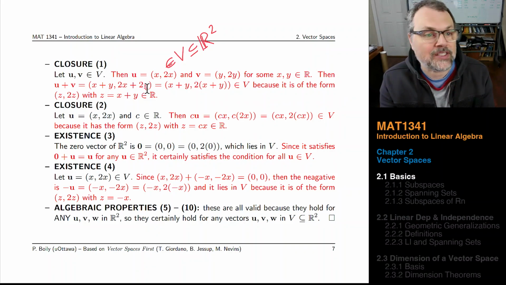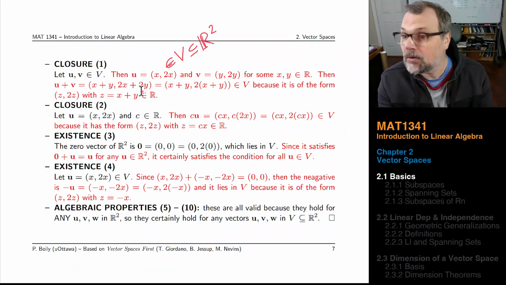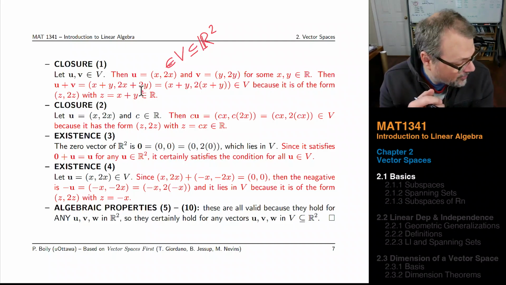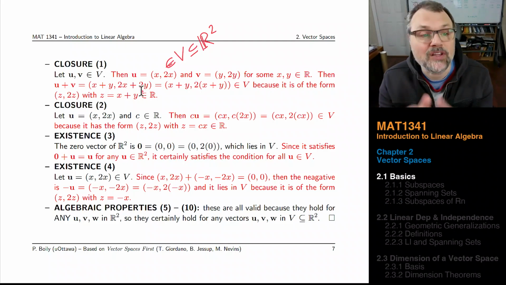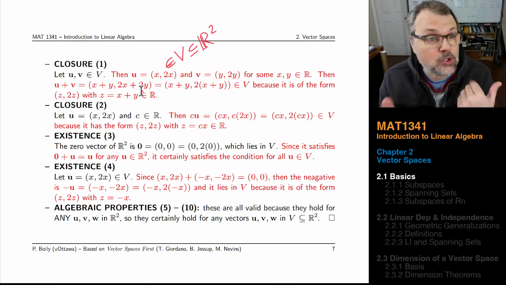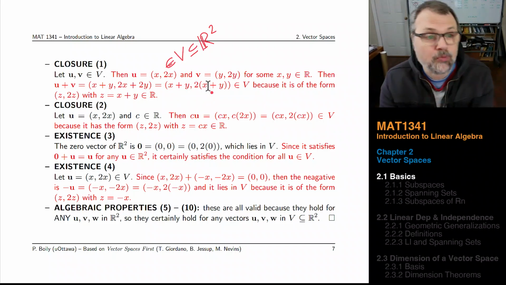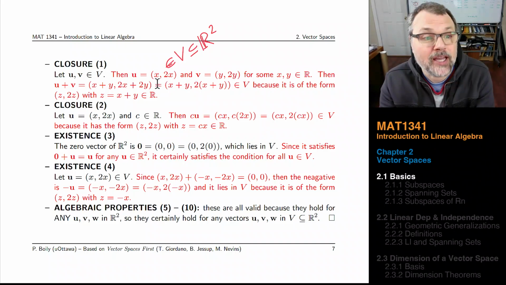Now the question is, this result, is it in V? Well, we need to know the membership condition. How do we know if something is in V? Something is in V if the second coordinate is twice as big as the first one. So typically at this point we have to do some simplification.